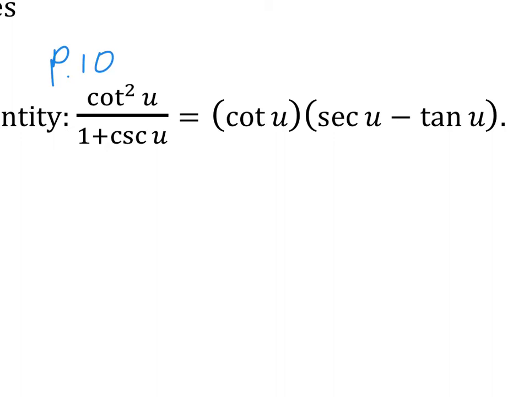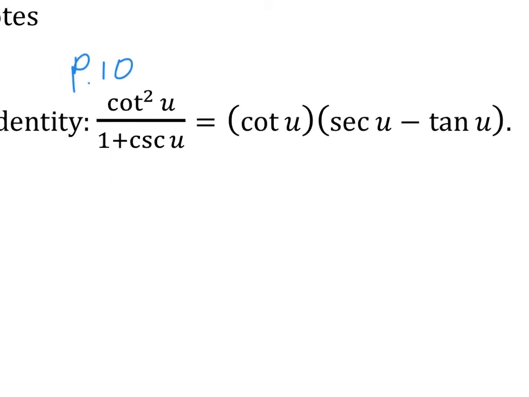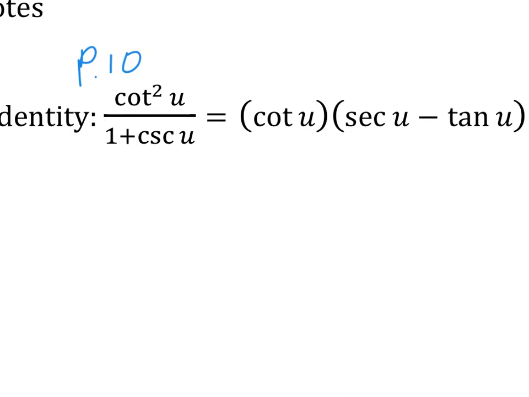All right, so what should we do on the left to get it to the right? Anything you want. Maybe change this cotangent squared to cosecant squared minus 1.